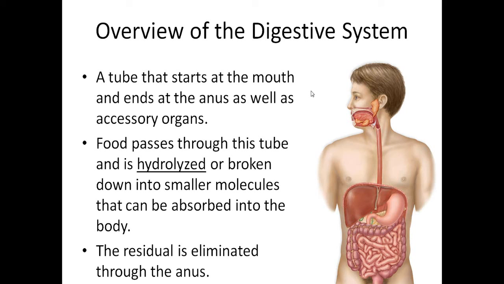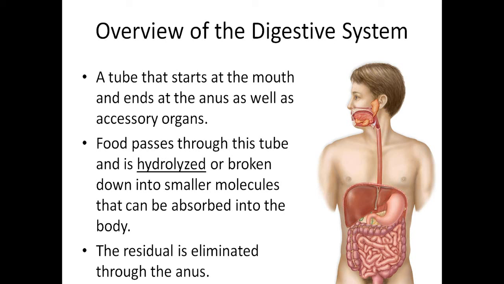So the digestive system is really a big tube, or the book calls it a garden hose, and it starts at your mouth and it goes all the way through to your anus. Okay, and then there are accessory organs that help with it, like your teeth and pancreas and gallbladder. They dump into it. Okay, so what happens through the digestive system is the food passes through it and it's broken down.